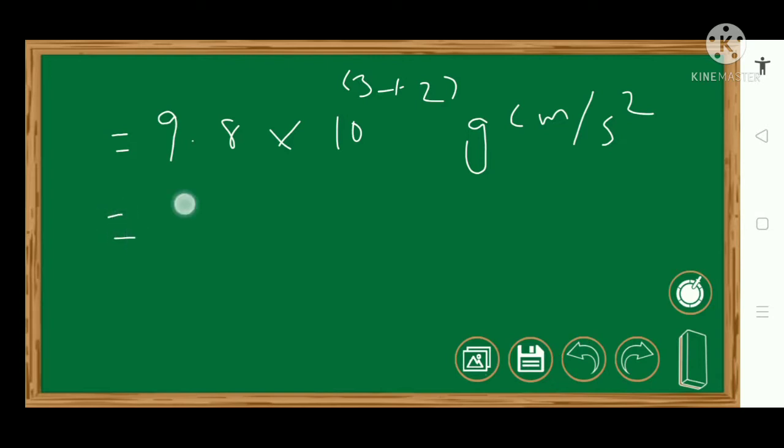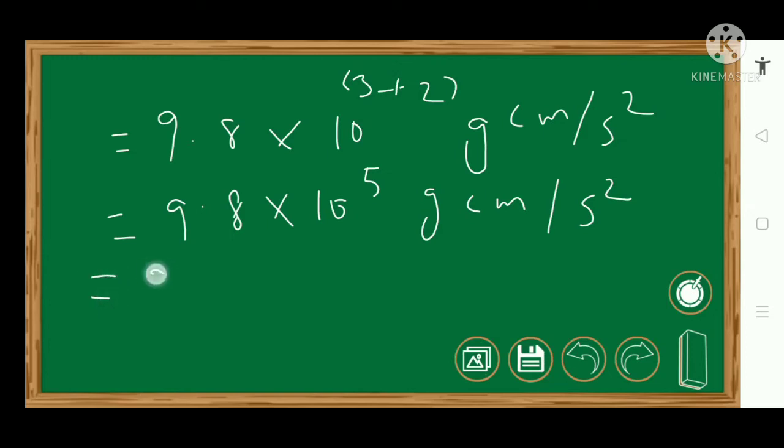That is equal to 9.8 into 10 power 5 gram centimeter per second square. Now you have to split 9.8 into 10 power 5 into 10 into 10 power 4 gram centimeter per second square.